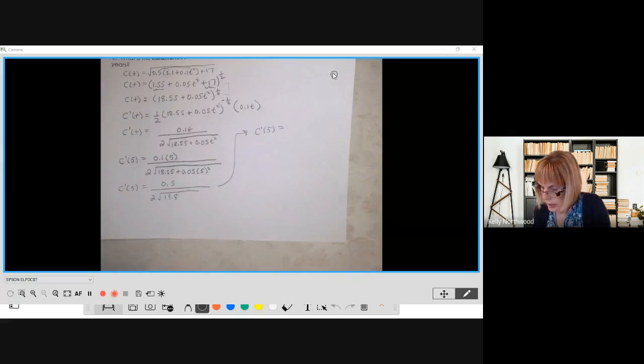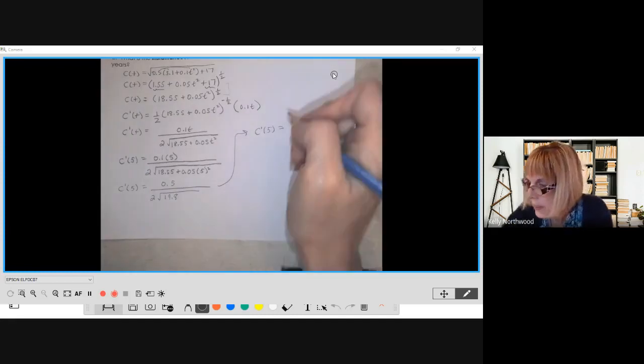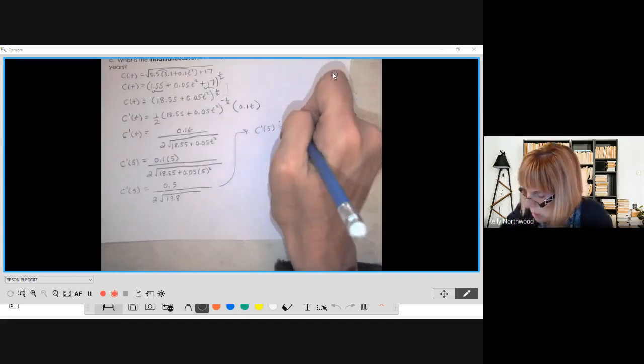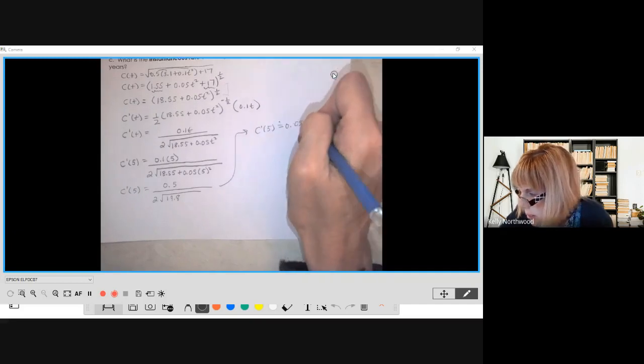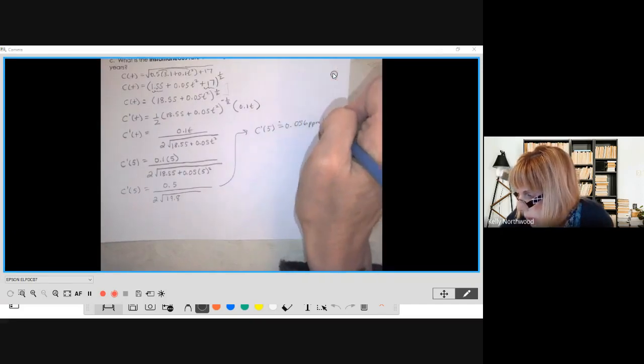I think that's where we're going to get our final answer. Be careful with putting brackets, and make sure we get the same as each other. I got approximately 0.056 parts per million per year.